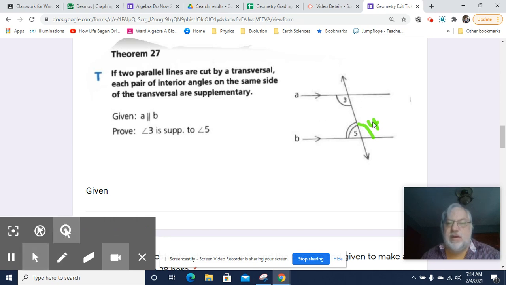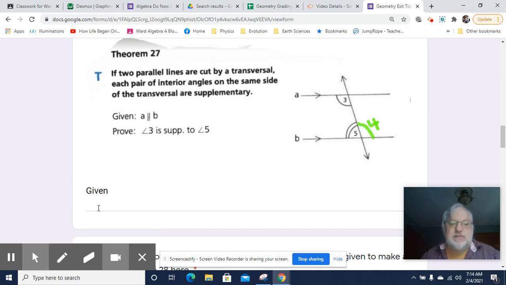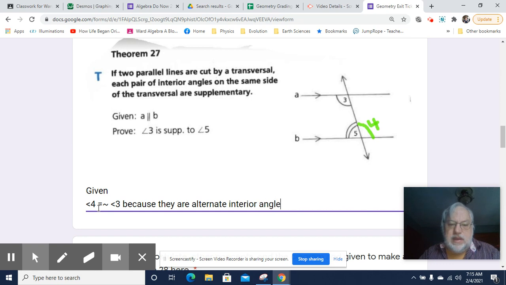So angle 4, according to the PAI postulate, is congruent to angle 3, because they are alternate interior angles to each other. Okay, that's the PAI postulate.